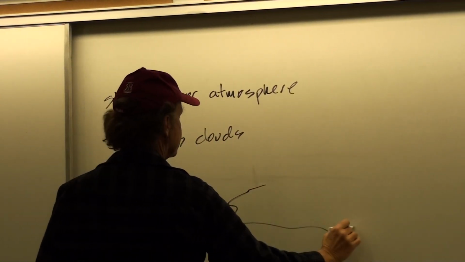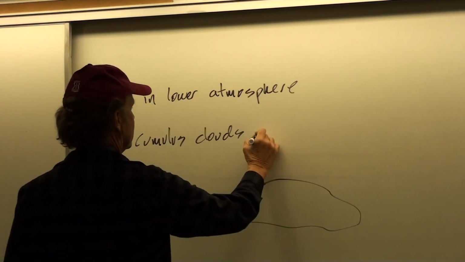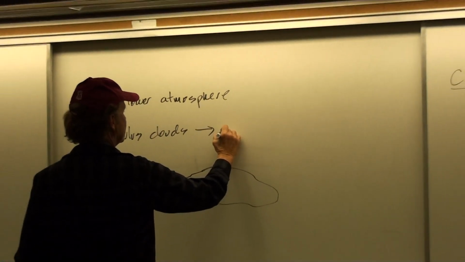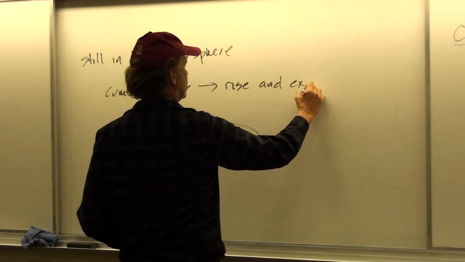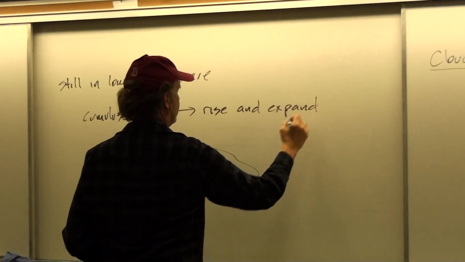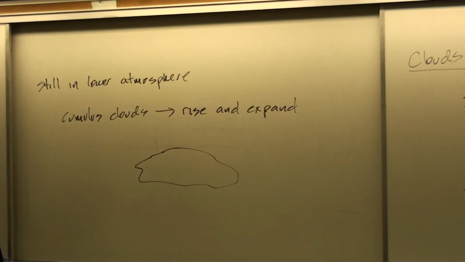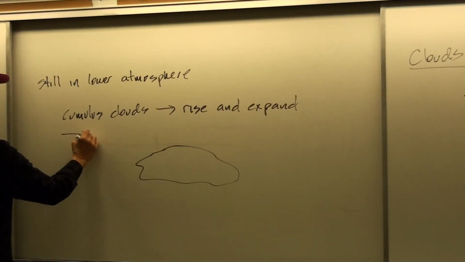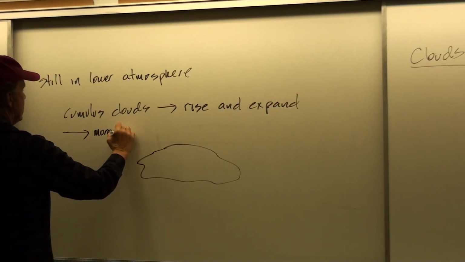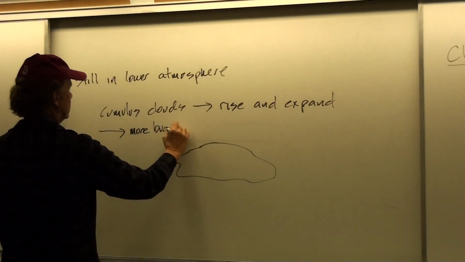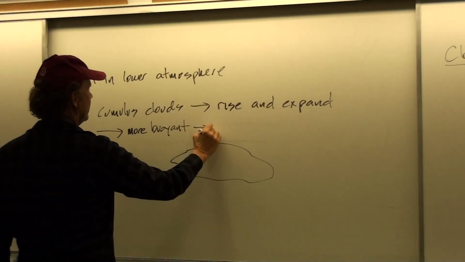So these cumulus clouds tend to rise and expand. Now, why does this happen? Well, first of all, the cumulus clouds tend to be more buoyant. So there are updrafts.